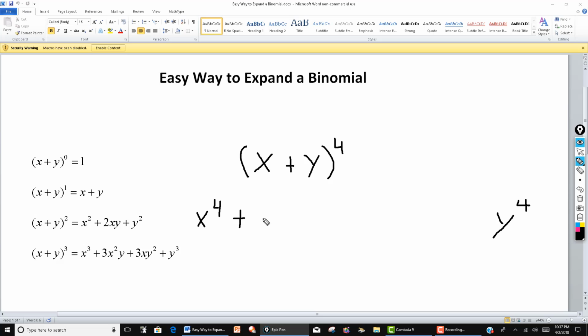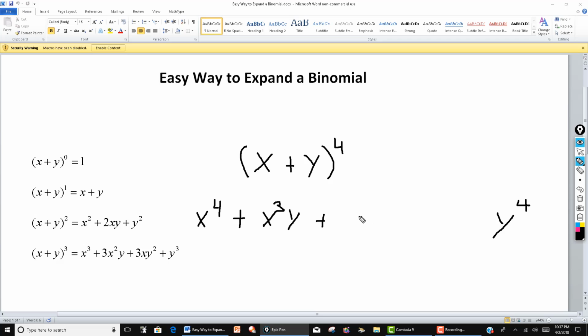Okay, so based on what we said then, the power on the first term decreases as we go through the expansion. So the next term should be x to the 3rd. And the power on the y, or the second term, increases. So in the first term it's to the 0, so this should be 1. And then these always have to add up to whatever the power is, 4. And it's plus.